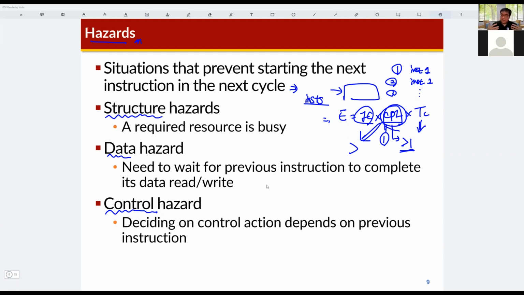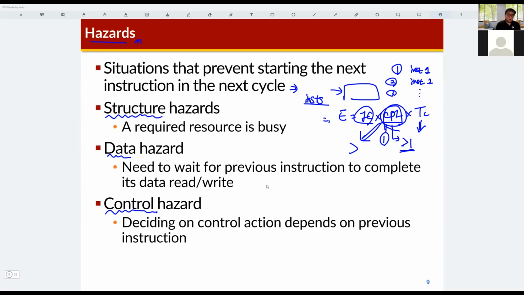If this data path element is busy, then it cannot process an instruction. So the instruction needs to be pending because the required hardware resource is busy. That is called the structure hazard.